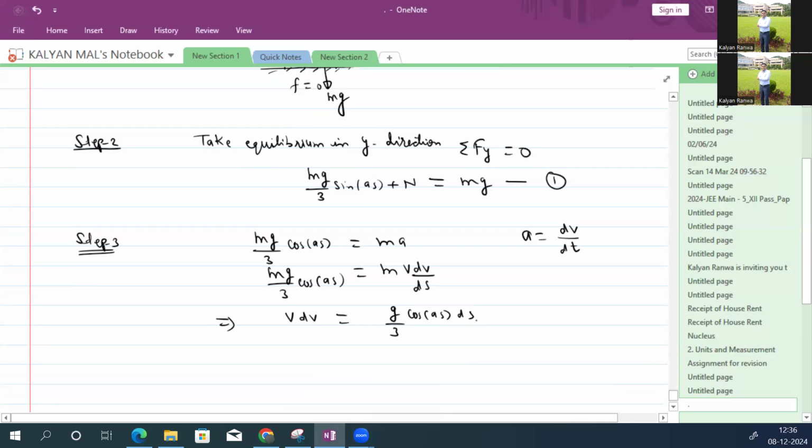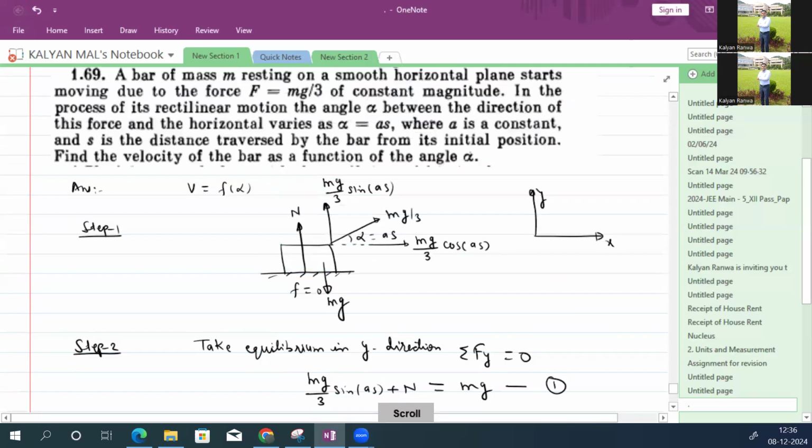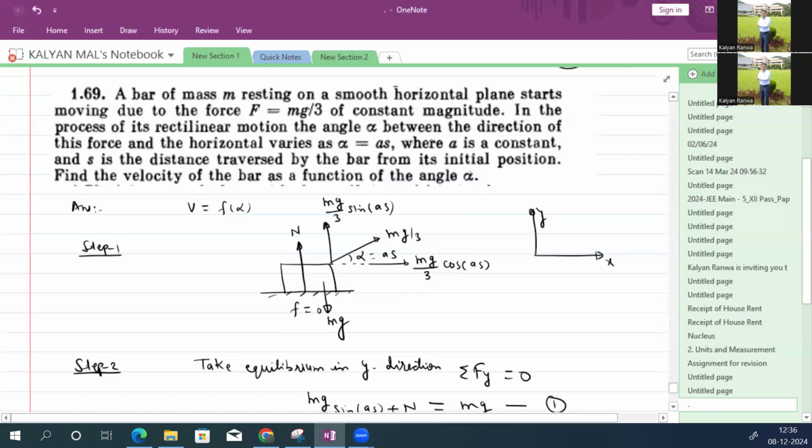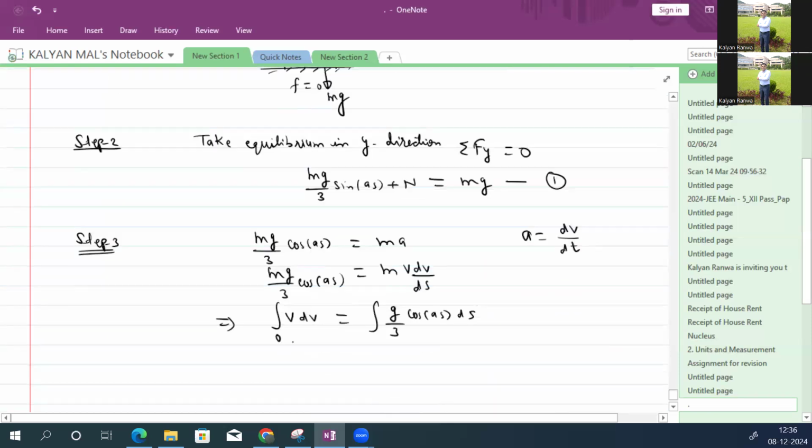Now integrating both sides. Initially, the question says the bar is resting, that means the initial velocity of the bar will be zero, and the final velocity is supposed to be v.